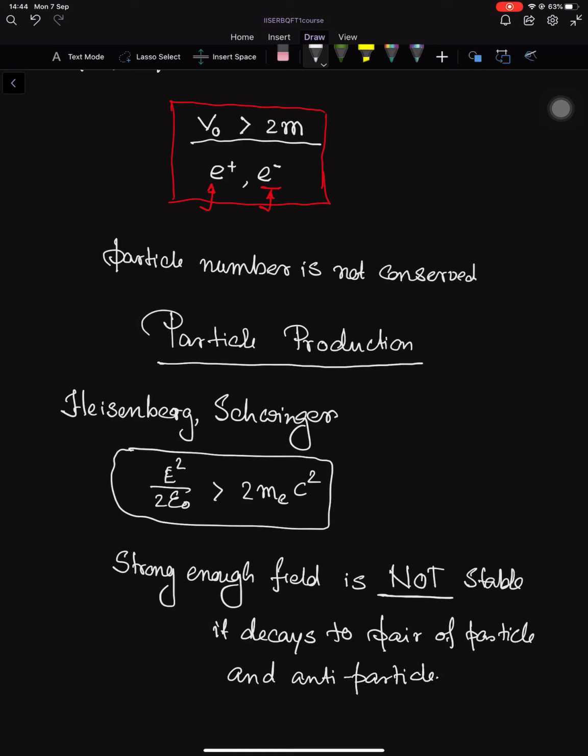This is a very important phenomenon because classically you can create as large an electric field as you want. Nobody stops you from doing that. A classical electric field can be as large as possible, but quantum mechanically, or more precisely in relativistic quantum dynamics, the electric field cannot be as large as you want. It has an upper limit, and if the electric field is more than that, it is quantum mechanically unstable and it gives rise to particle production.